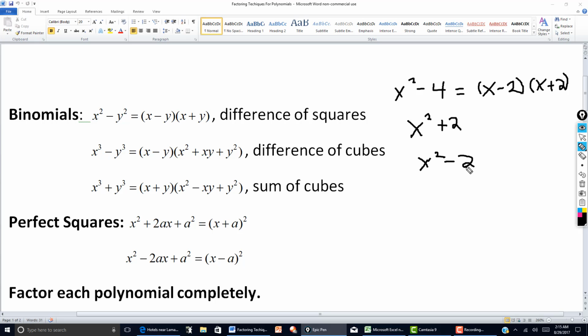But 2 is not a perfect square, but we could still force the factoring and look at 2 as the square of the square root of 2, and factor it into x minus radical 2 and x plus radical 2.